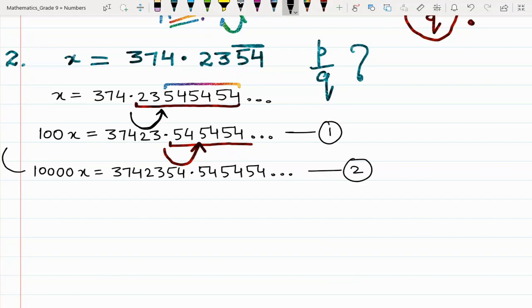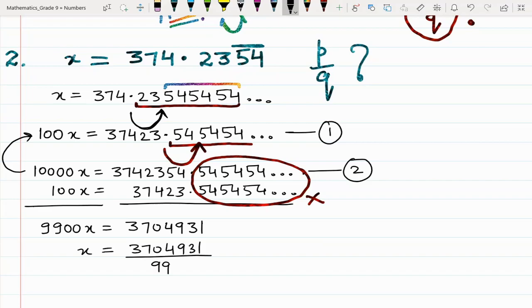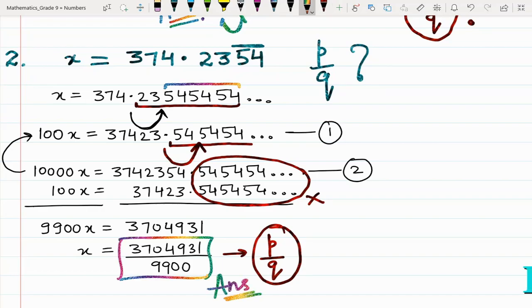This becomes your equation number 2. Let's subtract equation 1 from equation 2. You can observe that the recurring part after decimal is all the same, so it will be vanished. On the left side I will get 9900x, on the right side you will get 3704931, and therefore x will be equal to 3704931 over 9900. So this becomes my P by Q form, and this is my answer.